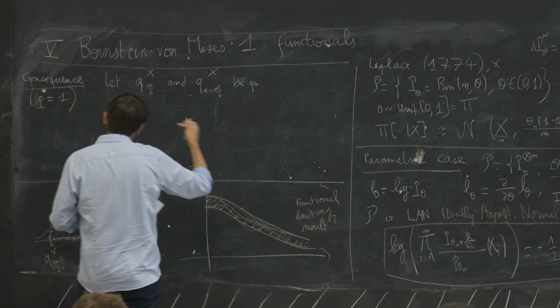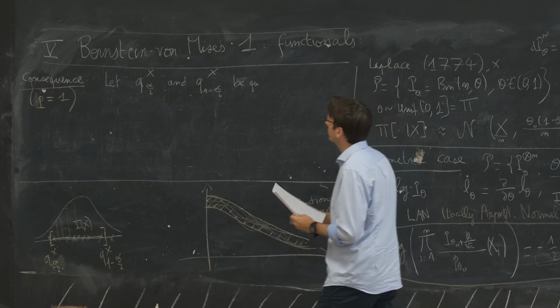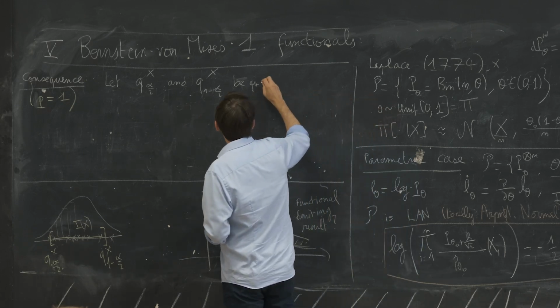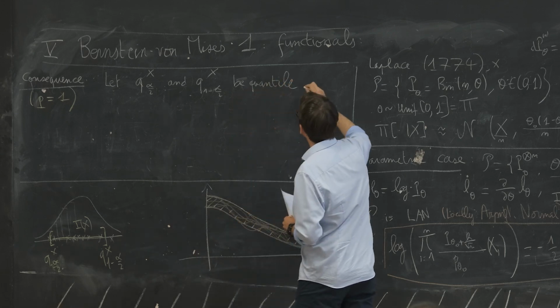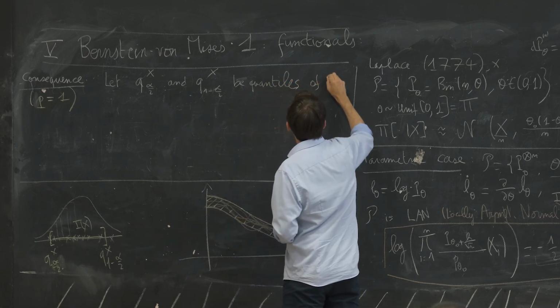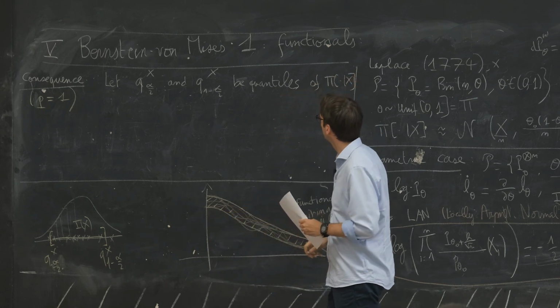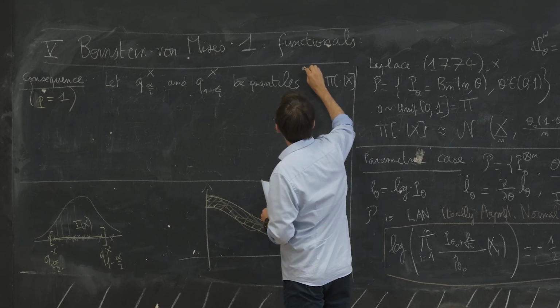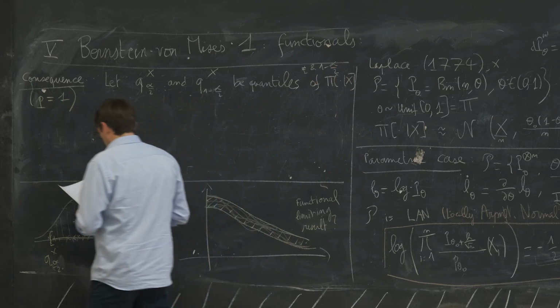You can do things like this for larger p, but let me not go into that for now, just dimension 1 to fix ideas. So let's take the quantiles of the posterior in dimension 1, the quantiles alpha over 2 and 1 minus alpha over 2.